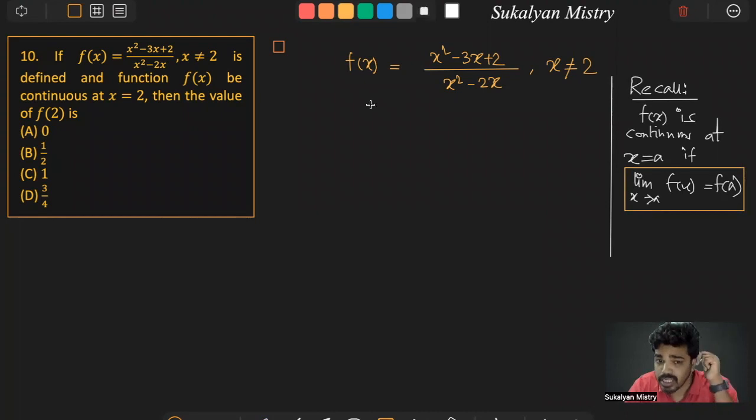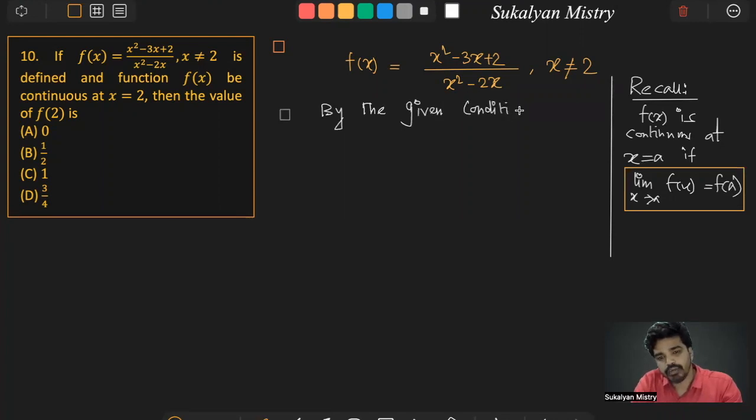তাহলে ফাংশনটা দেওয়া আছে কন্টিনিউয়াস কোন পয়েন্টে 2 পয়েন্টে, ঠিক? So by the given condition, it is given that the function f(x) is continuous at 2, so limit x tending to 2 f(x) is equal to f(2), by the definition.